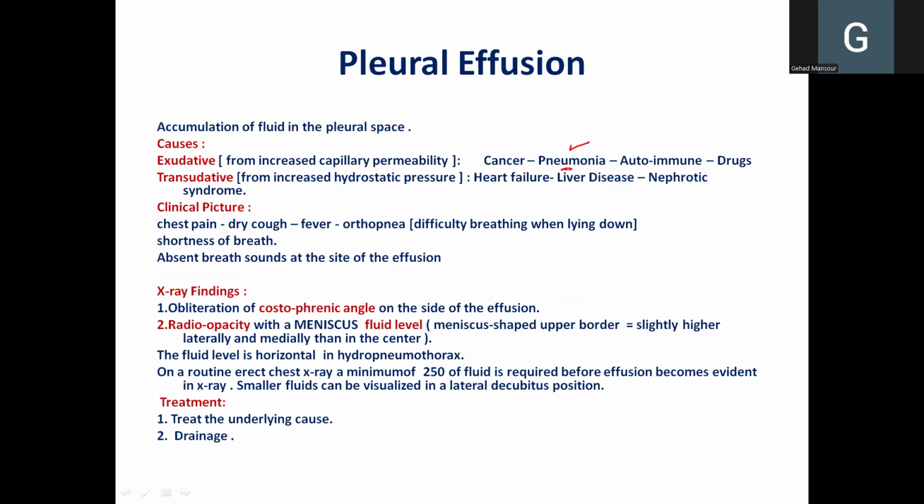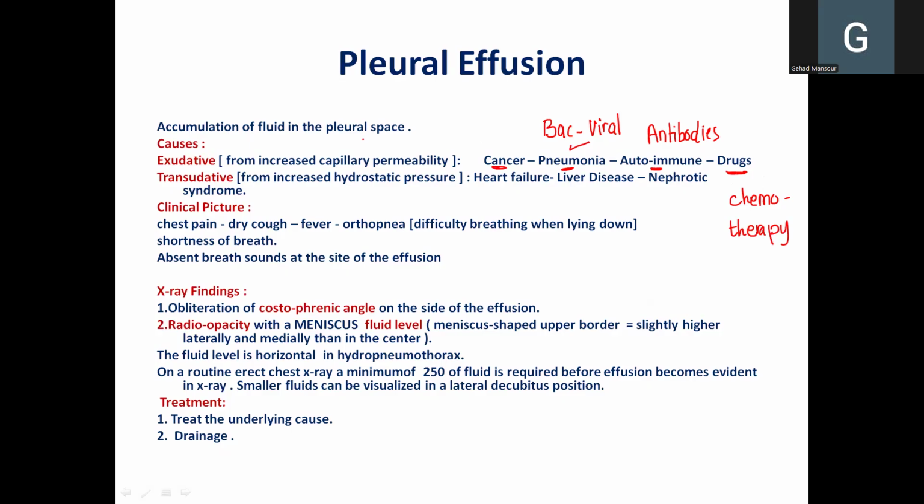Pneumonia is inflammation of the tissue of the lung. It might be bacterial or viral. We might have autoimmune inflammation where we have antibodies in the pleural space. It might be due to certain drugs like chemotherapy that might cause inflammation of the pleural membranes, or it might be due to cancer itself.